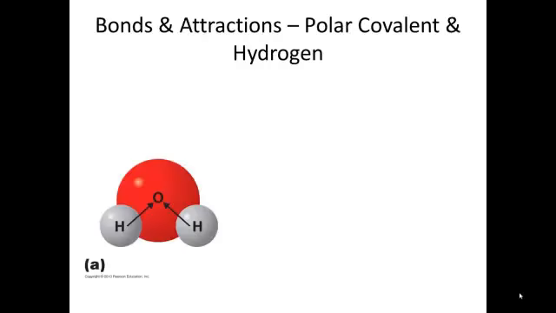Let's talk about water. Water, as you may know, is 2 hydrogens bonded to an oxygen, H2O. Oxygen has an element number of 8. That means it has 6 electrons in its outside, or valence, electron shell. It wants 2 more electrons. Hydrogen wants 1 more, so the 2 hydrogens get together with the oxygen and share with the oxygen.